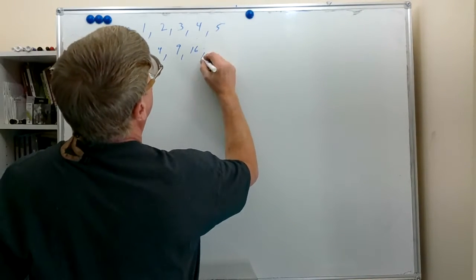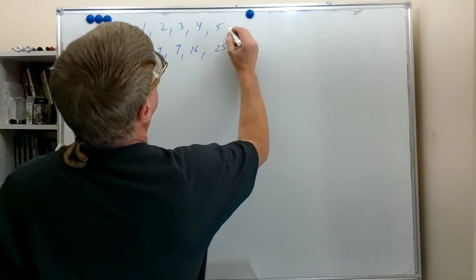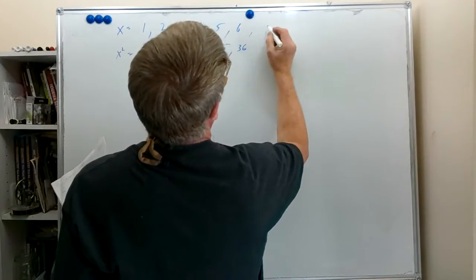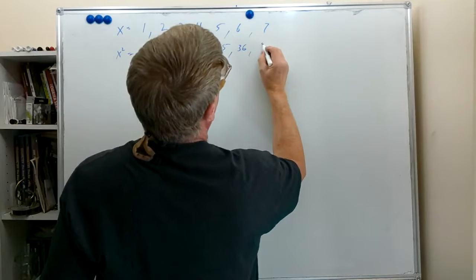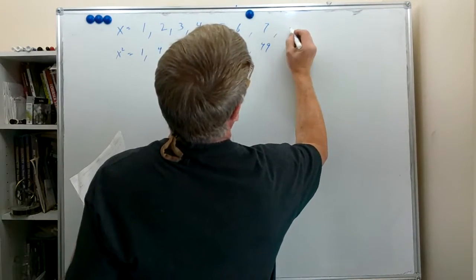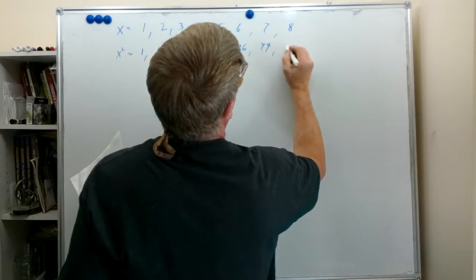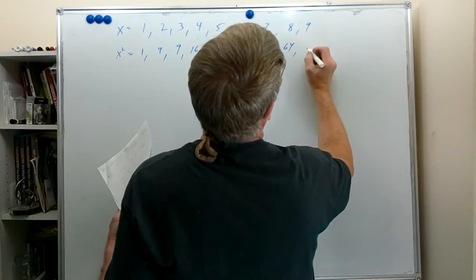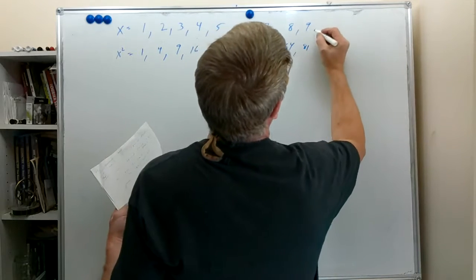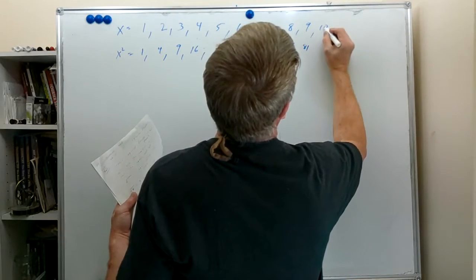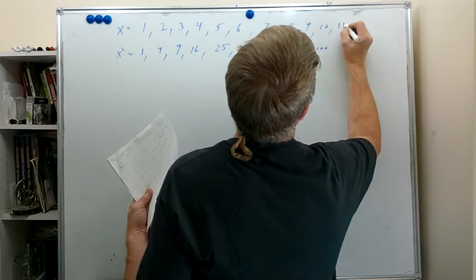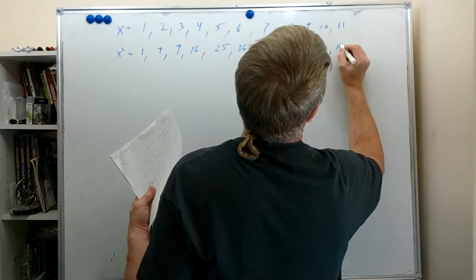5 squared is 25. 6 squared is 36. 7 squared is 49. 8 squared, 64. 9 squared is 81. 10 squared is 100. 11 squared is 121.